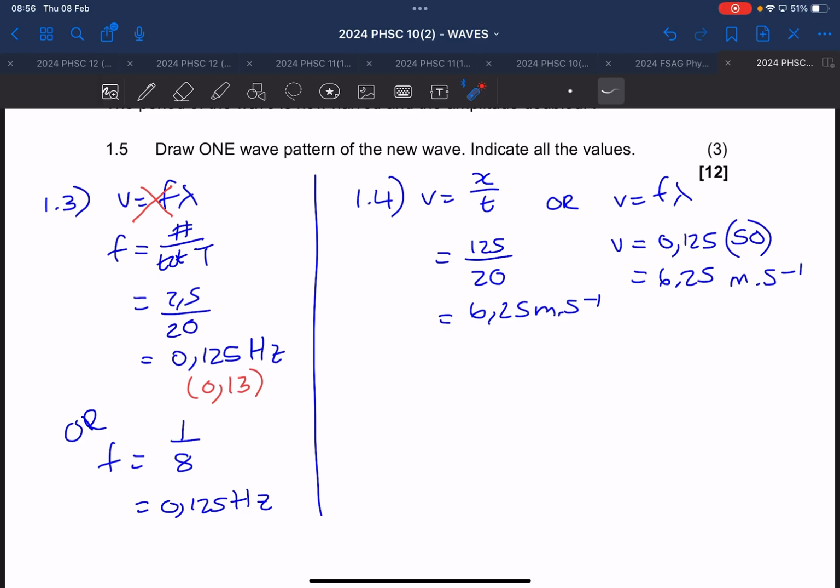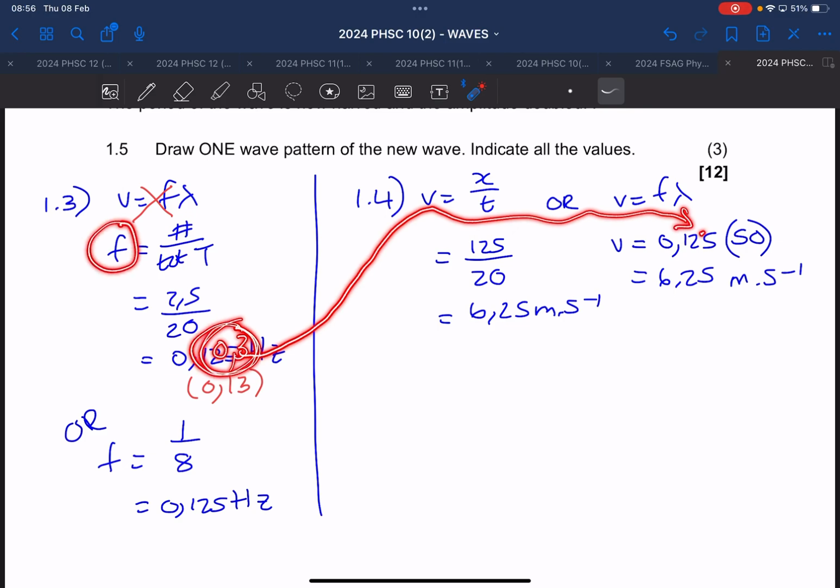But let's say now you got your answer to be 0.3. And now you use that 0.3. Where did I write it down? There. Because you have to use that answer F in this formula. So you incorrectly use 0.3 or you correctly use 0.3 there. Then we work with your mistake.